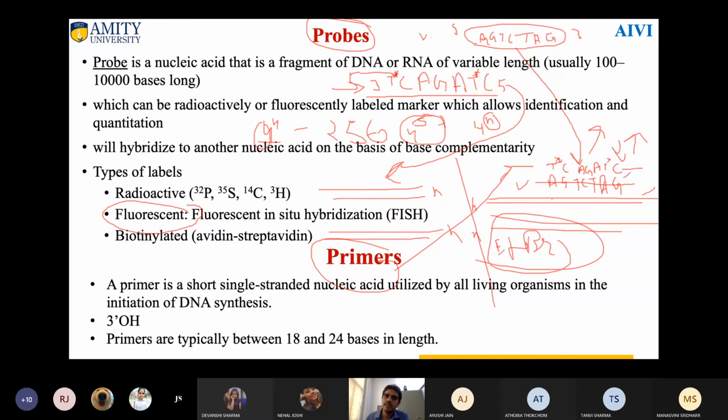Fluorophore simply means FITC, fluorescein isothiocyanate, or rhodamine, or Cy3. All these fluorophores are there. I think all of you are aware of these fluorophores; you have studied them in your chemistry classes. If we add this fluorophore to the probe and the probe binds here, then it will fluoresce.